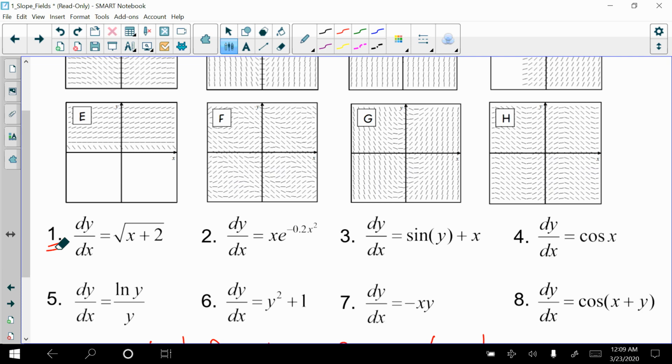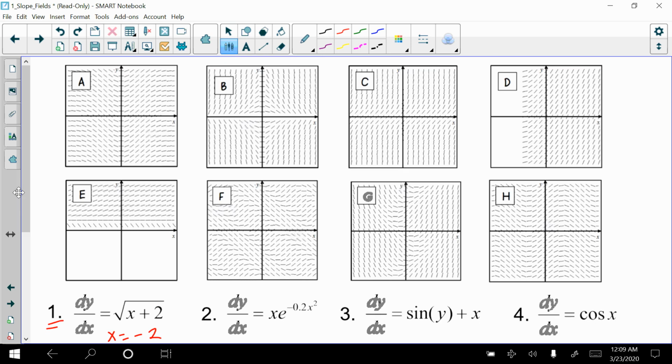All right. What would make this have a slope of 0? Well, if x was equal to -2, the radicand would be 0. The square root of 0 is 0. So essentially, because I only have one input number, x, I'm going to look for a vertical line anywhere I have. Let's just say that this is where x is -2. And looking at A, I can very clearly see I don't have a horizontal line. Same thing here, I don't have a horizontal line. Here I don't have a horizontal line. Now here, this one looks promising.